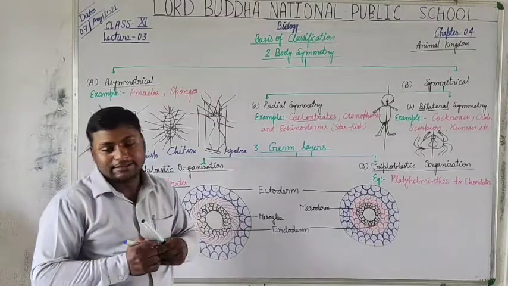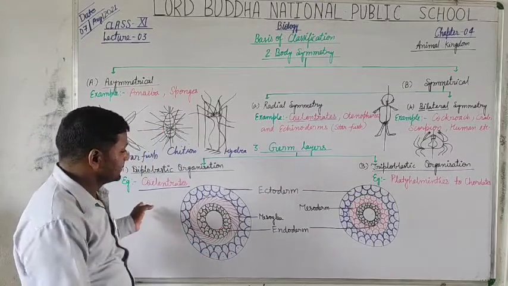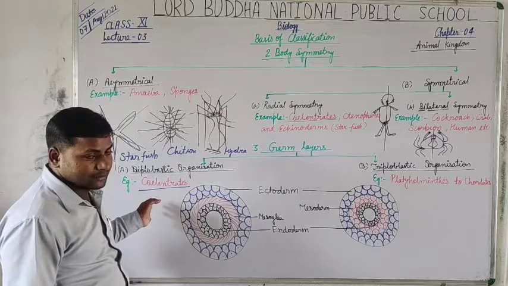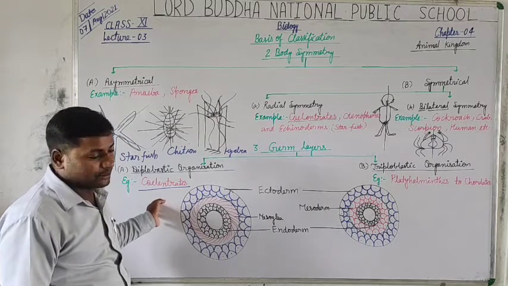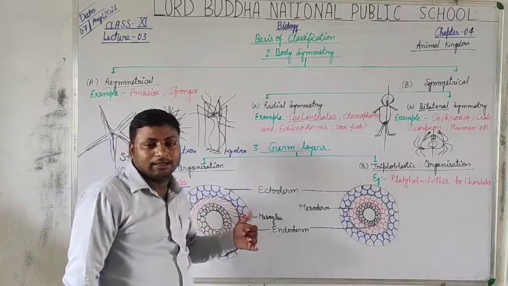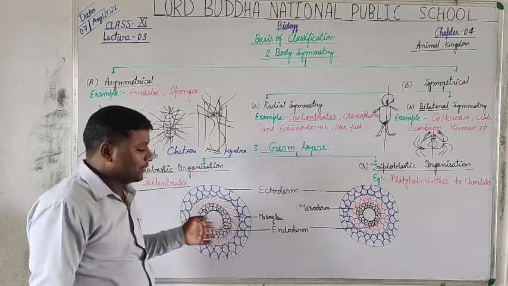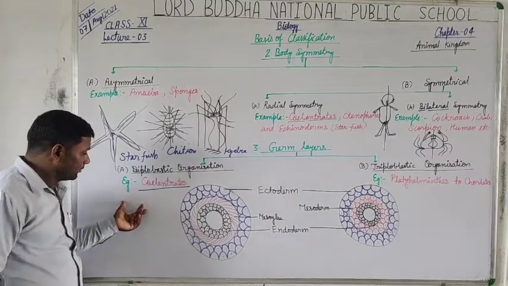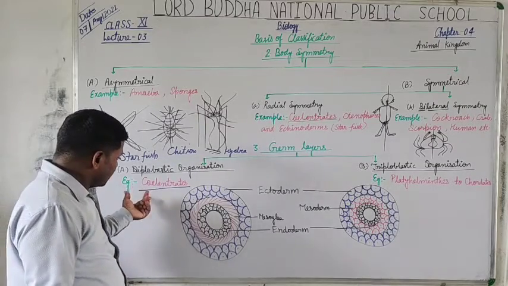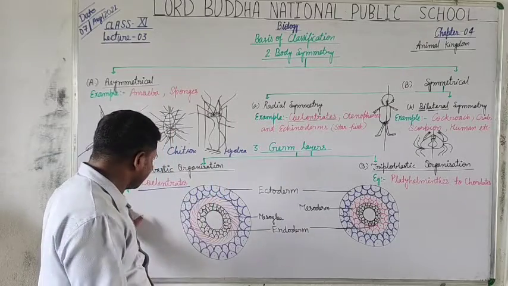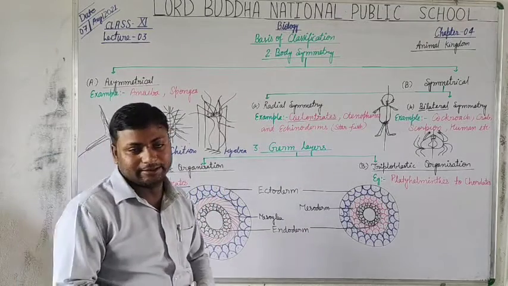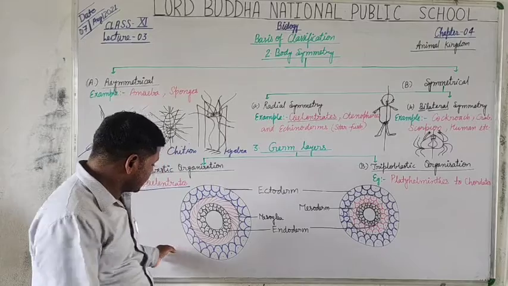Coelenterates possess such a body organization, like Hydra, jellyfish, which is also called Aurelia in biological terms, and Physalia. The Portuguese man of war is also an example of the phylum Coelenterata, and the members are called coelenterates. Is that clear, students?